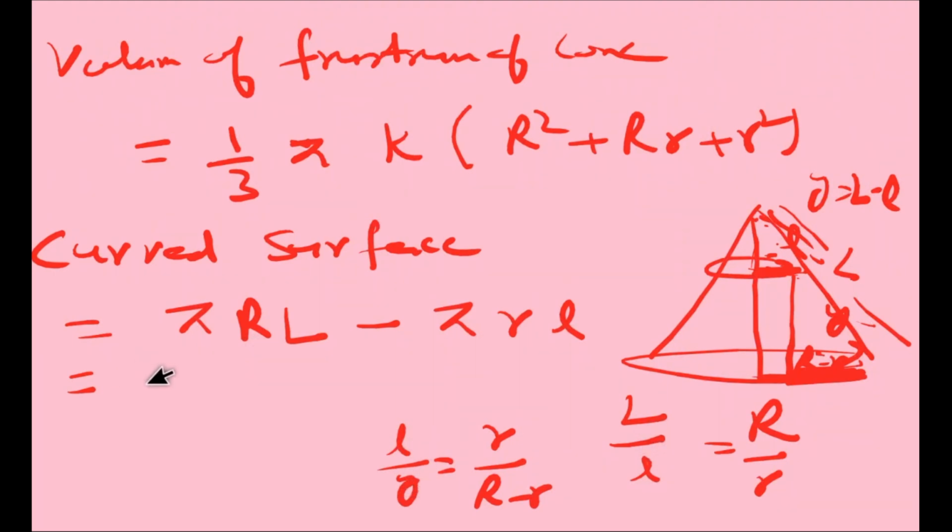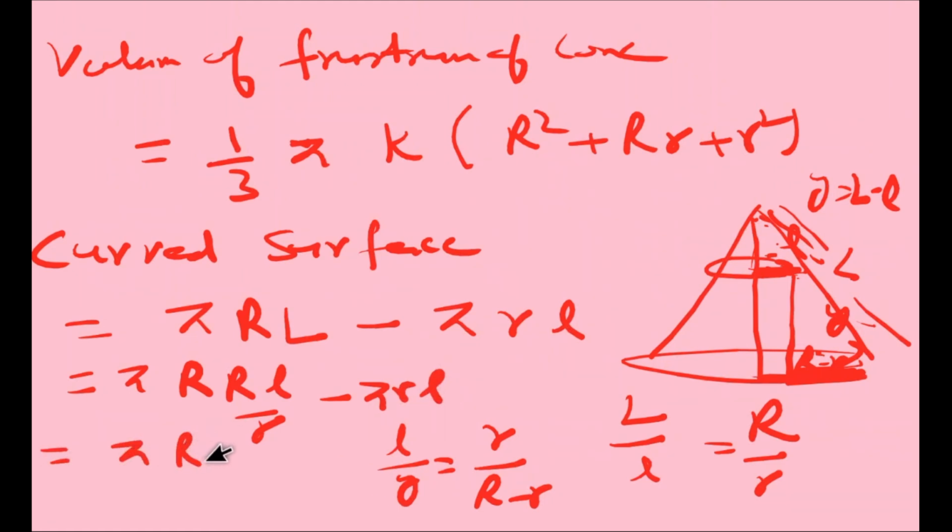Okay, so if we divide it here, using the formula for the curved surface, that is pi R capital L minus pi r small l, and now we take the common pi, then we put the value of L from here, so we will get R y upon R minus r, pi R. Here also we can put r y upon R minus r.